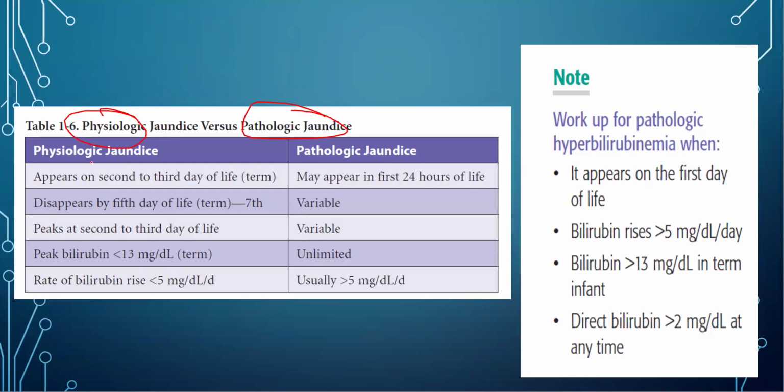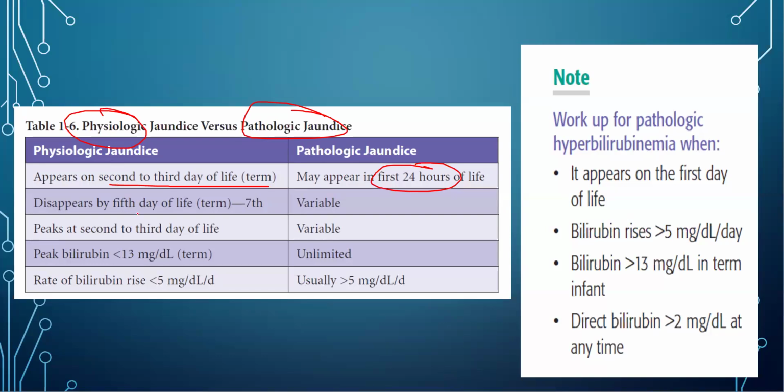Physiological jaundice will never occur on the first day of life. If jaundice appears on the second to third day, most of the time it could be physiological jaundice, which means it happens because the child's liver is still immature and cannot break down bilirubin easily. That causes a bit of hyperbilirubinemia, which is common. But if jaundice appears on the first day of life, that is pathological jaundice until you can prove otherwise.